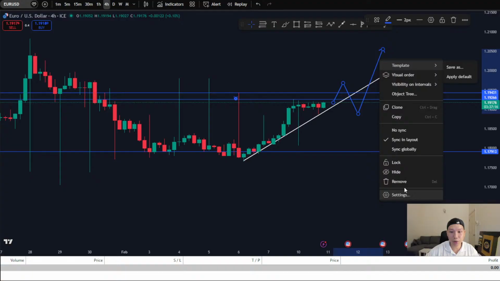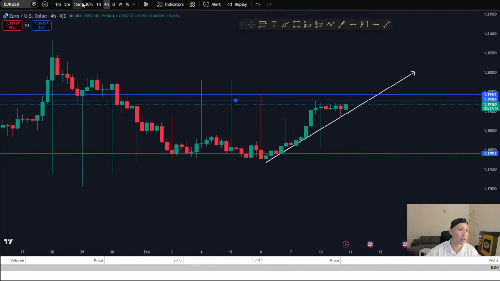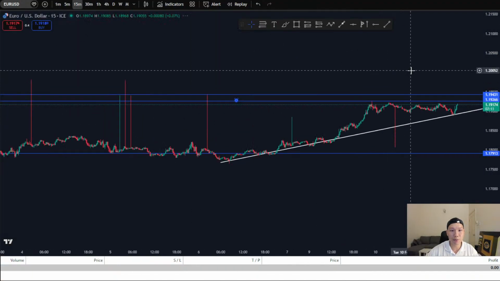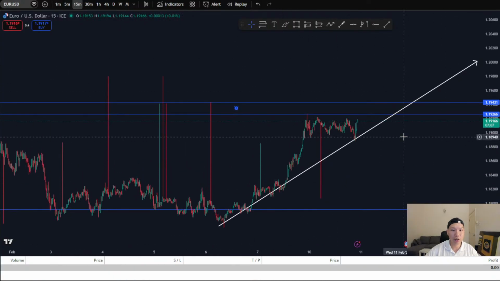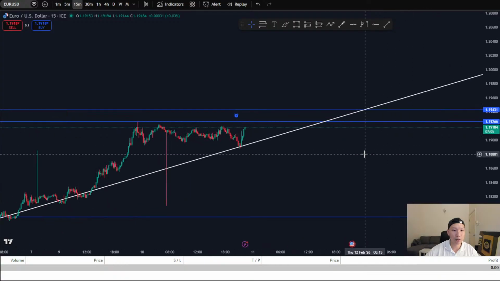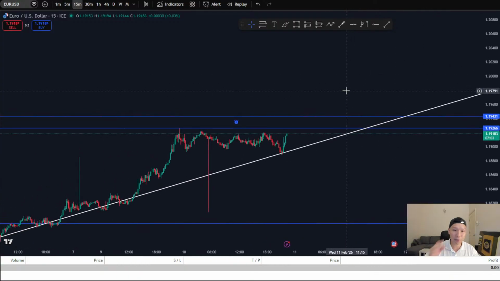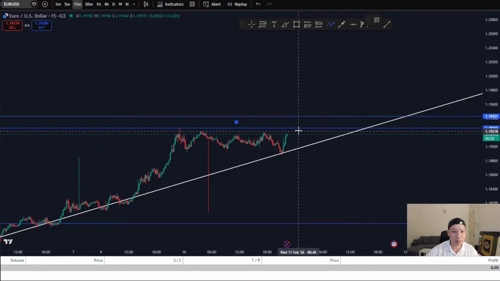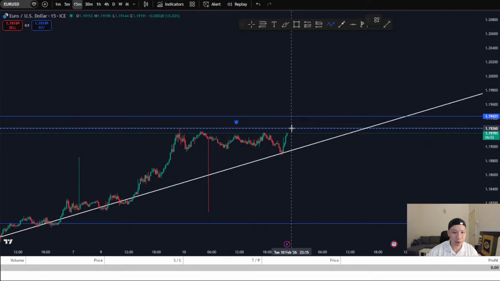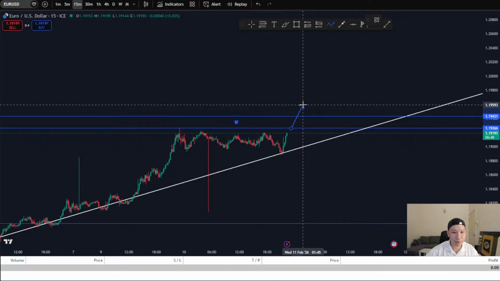I'm going to redraw so that you guys can have a better understanding. I'm going to go to 15 minutes as my entry. So this is how I'm going to trade. I'm going to expect the price to come from this section, probably around here, and then it's going to go up and challenge this section.